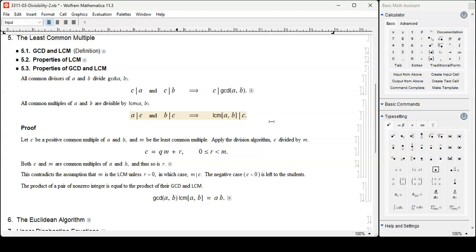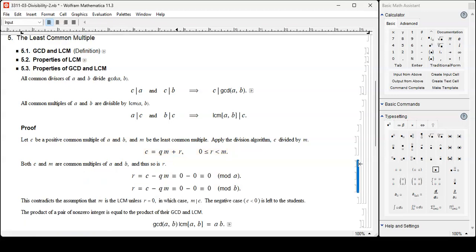We wanted to prove the LCM divides C. In order to prove that, we devised this division algorithm format, and we wanted to prove R equal to 0, and that's basically what we did.